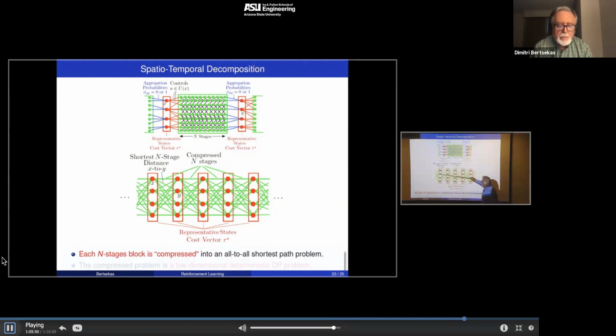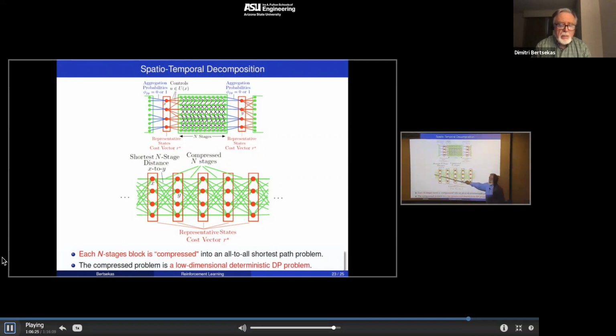So I have for every x and every y computed the shortest distances, and I have now compressed this portion of the transition graph into something that's one stage long, and the lengths of the transitions are computed through this all-to-all computation. So every n-stage block is compressed in an all-to-all shortest path problem.